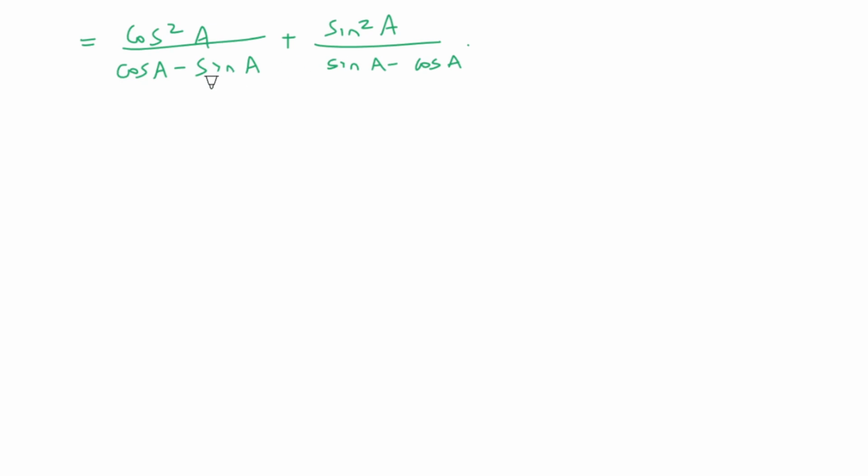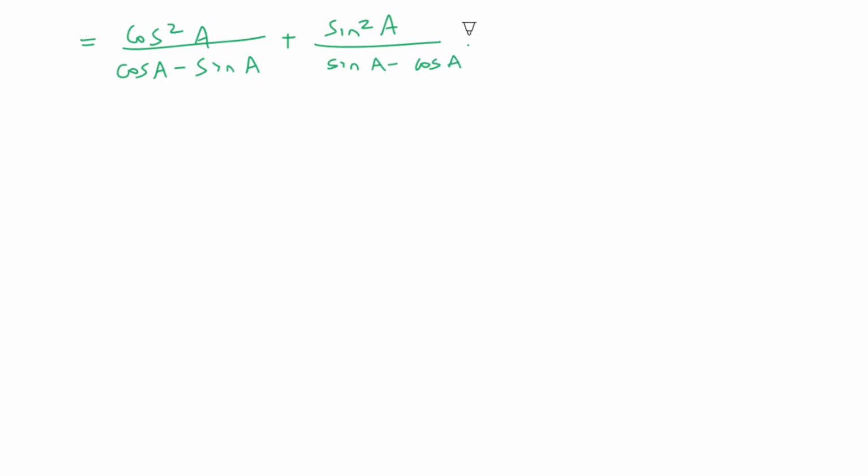Here we have two different denominators, so we can't add or subtract the numerators. We need to get the same denominator. Here we have cos A minus sin A, and here sin A minus cos A. We just need to multiply by minus 1 to get cos A minus sin A here.